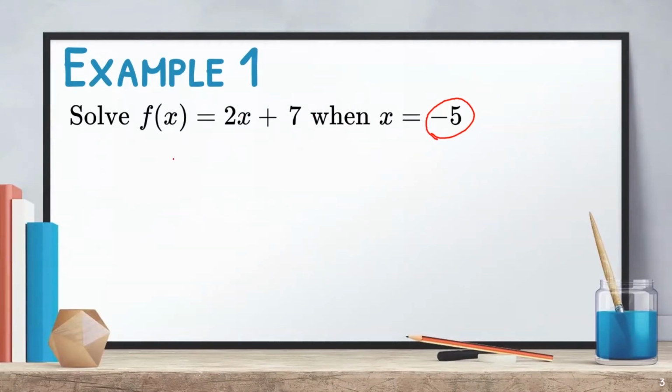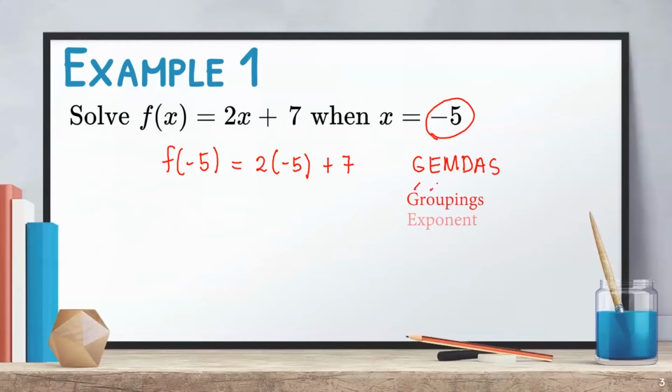This will give you f of -5 equals 2 times -5 plus 7. To simplify, we need to follow the GEMDAS rule. GEMDAS stands for groupings, exponent, multiplication, division, addition, and subtraction.